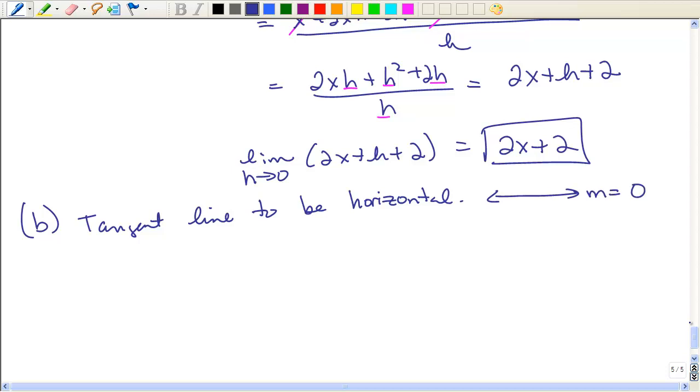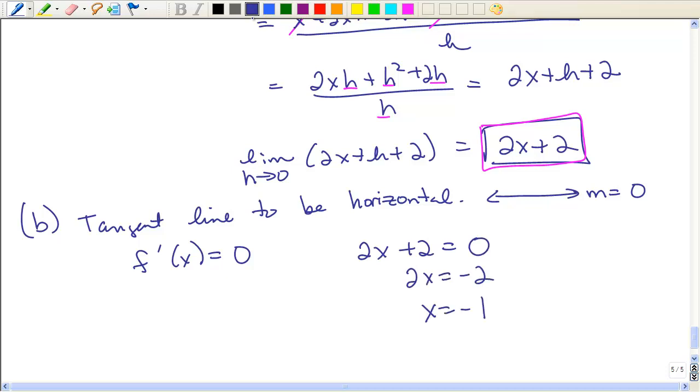So they're asking you to find the value of x where the derivative equals 0. Here's the derivative. So I want to say, when is this derivative equal to 0? So I just solve for x, right? And it says to find the point on the graph. Well, this says when x is -1, the slope is 0.